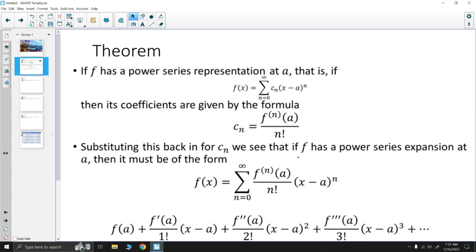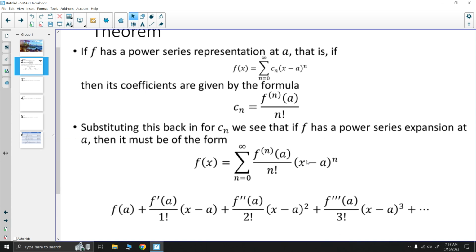So this is the Taylor series. And basically, a, as a reminder, is our center point. So we often center these things at 0. And the Taylor series centered at 0 is called the Maclaurin series. So Taylor series and Maclaurin series are often used interchangeably.